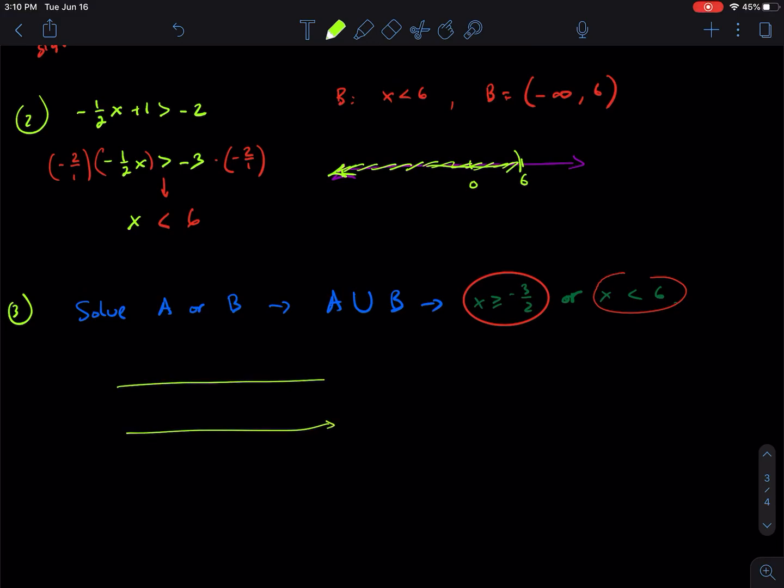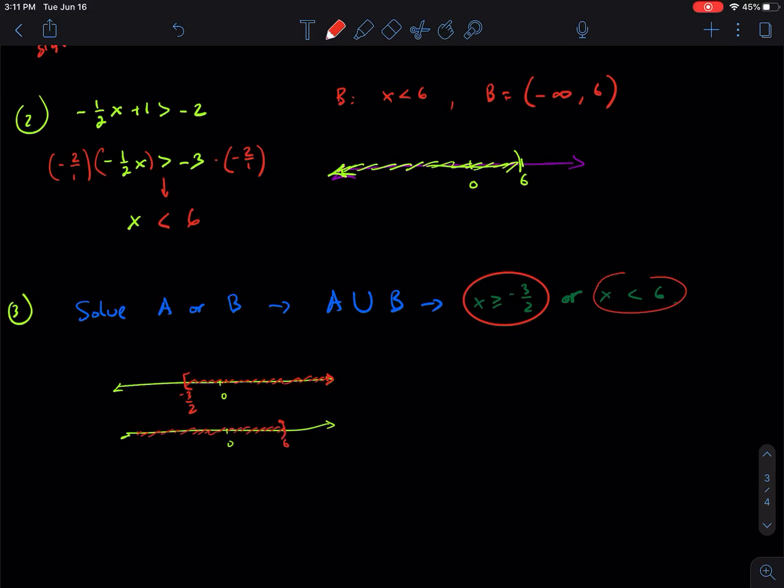Here's 0, here's 0. For set A, all the numbers greater than or equal to negative 3/2 go in this direction. Here's negative 3/2. The numbers that are less than 6 go in this direction.